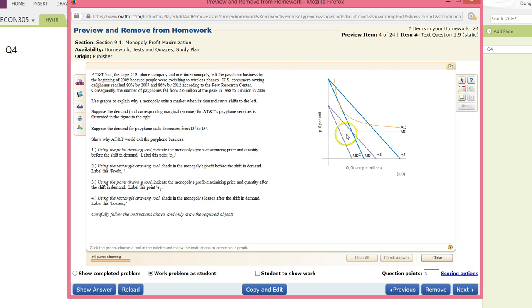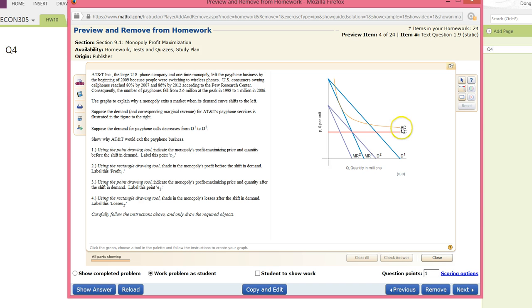We were also given the marginal cost curve. In this case, it's a straight line, specifically a horizontal line, which means that marginal cost doesn't depend on the output. And we were further given the AC, the average cost curve.